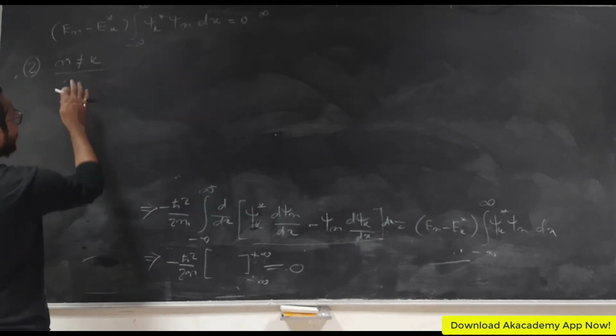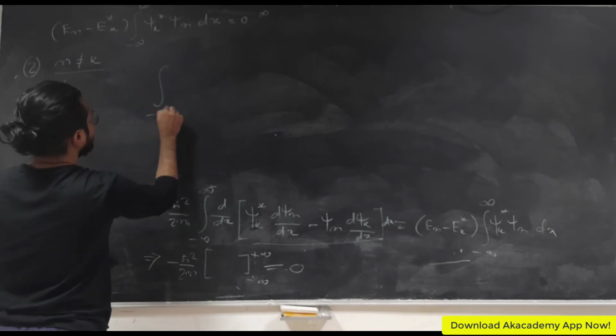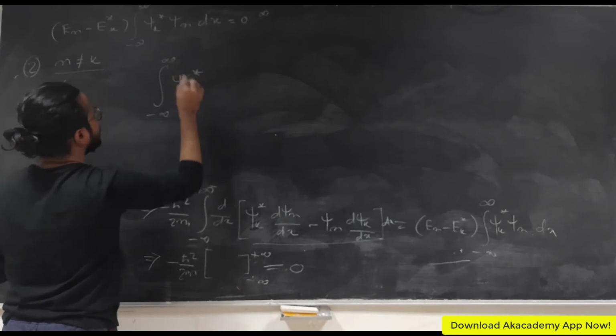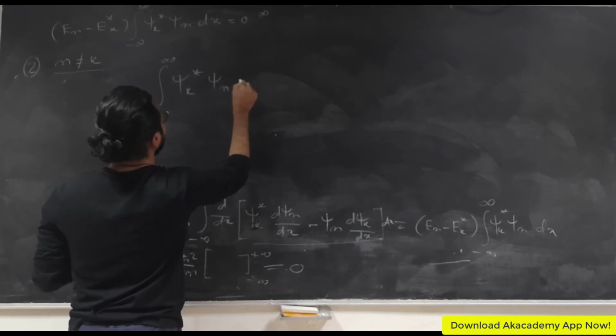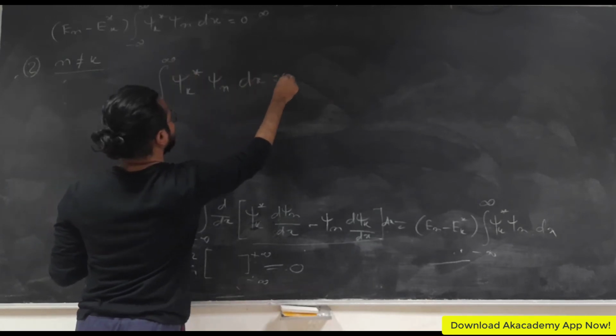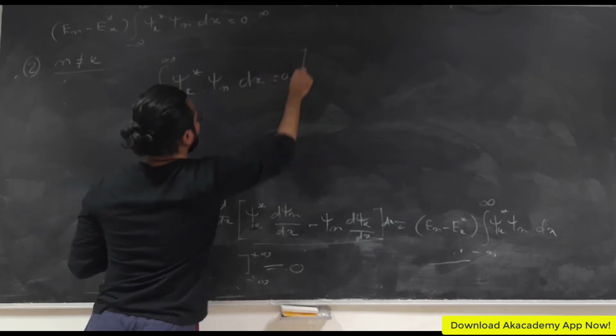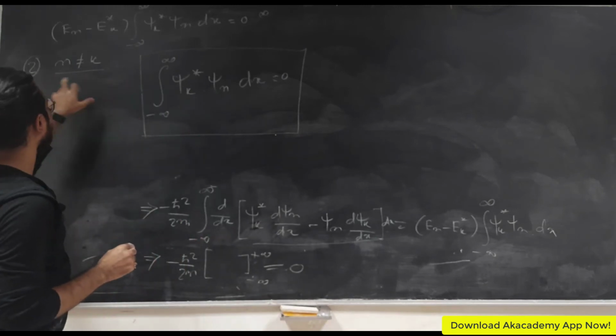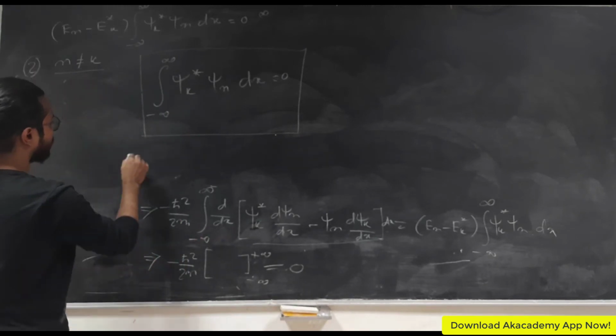So we will have the integral of psi k star psi n dx equal to 0. This condition for n not equal to k is called the orthogonality condition.